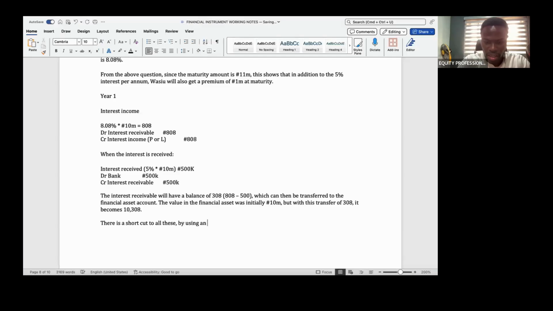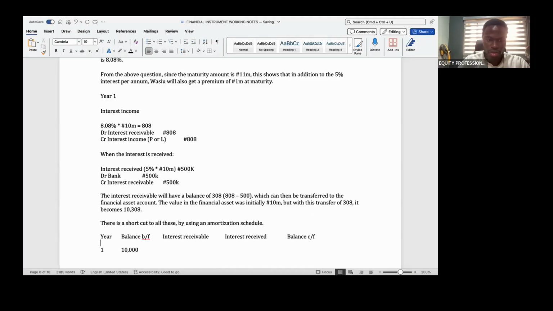By using an amortization schedule. So we can say here, balance brought forward, interest receivable, interest received, balance carried forward. So in the first year now, in year one, the balance was how much? Let's say 10 million.